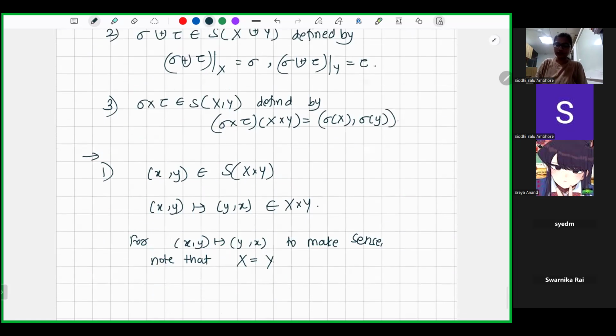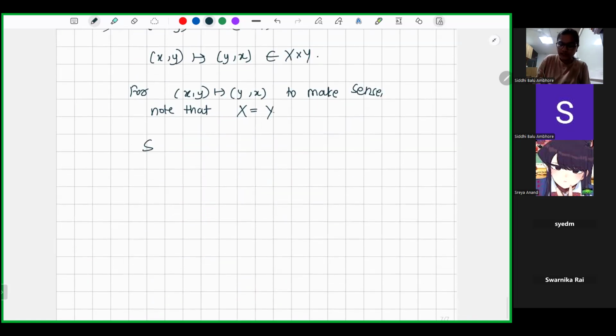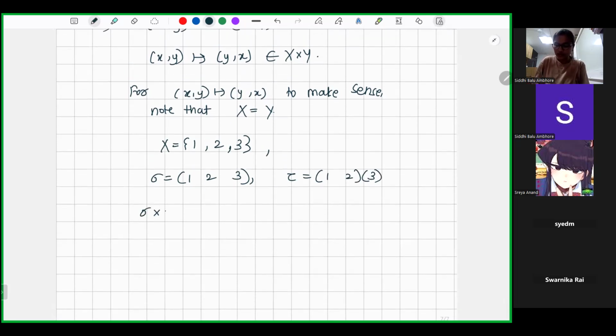And this is what it is. So what it means is, for example, if I'm taking x as just these two elements 1 2, so I'm looking at S2, or let me take one more, 3. If I take sigma equal to 1 2 3 and tau equal to just 1 2, then 3 is fixed. This is sigma cross tau, that's how they have represented it.